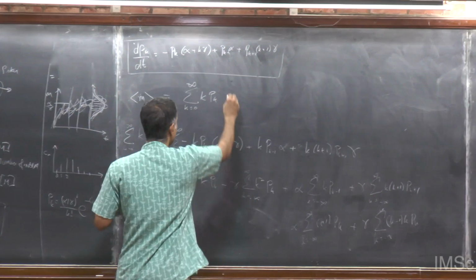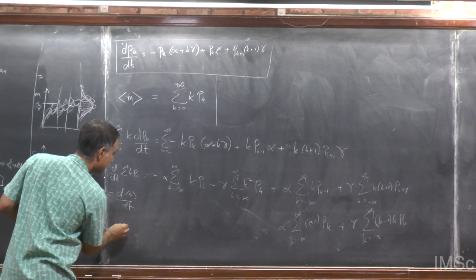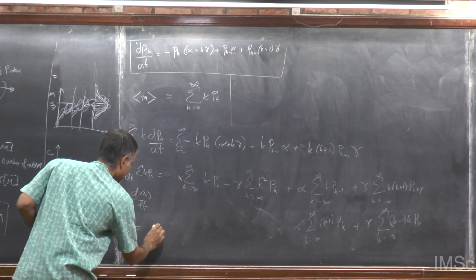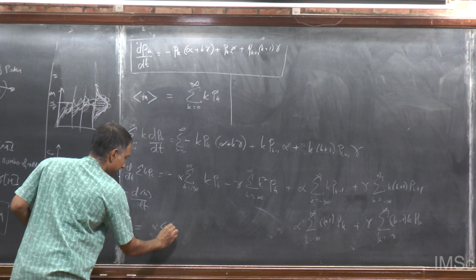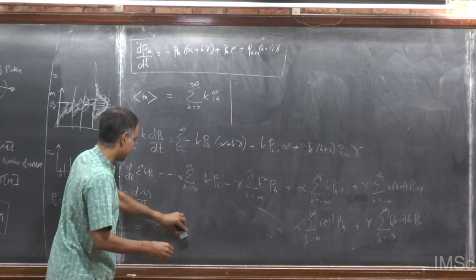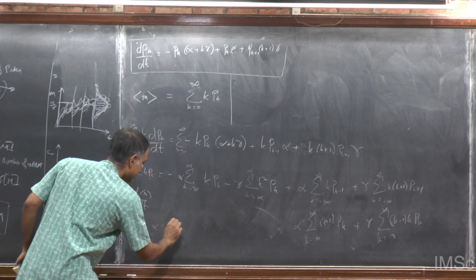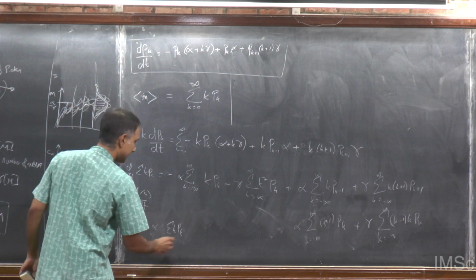So if I keep track of the whole thing, you get alpha times this m. That's all that is. Okay, let's just keep track of it, right? So you get alpha times sum k p sub k. I'm no longer writing the limits because it doesn't really matter, right?